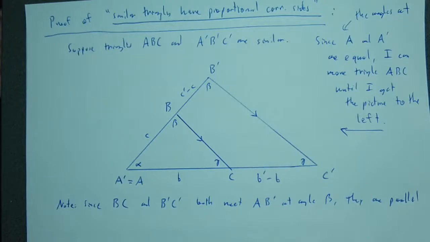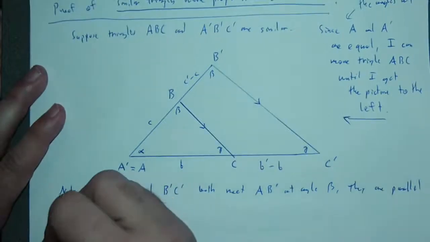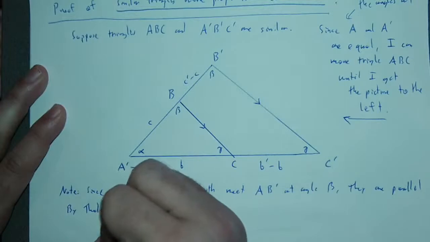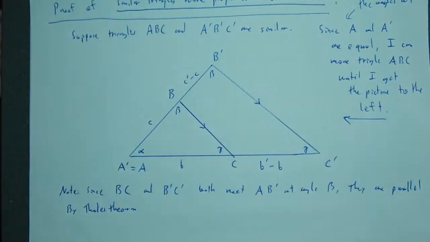All right. Now, what do I need that for? I need that for Thales theorem, right? So by Thales theorem, we know that Thales theorem says something about proportional quantities in triangles that are set up with this parallel configuration.